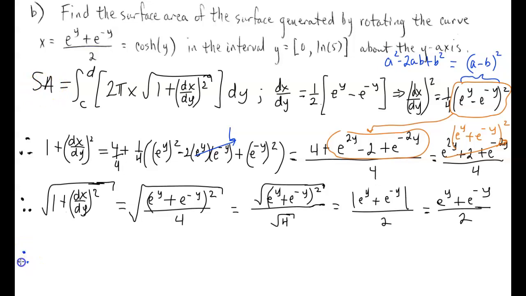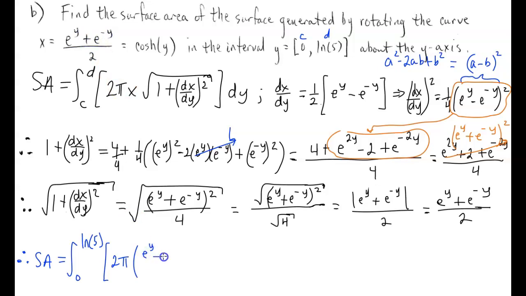So we'll go ahead and say therefore, and we'll switch colors now, and say that the integral from, of course, our c would be 0, our d would be natural log of 5, and this will be 2 pi times x, and of course x is just e raised to the y plus e raised to the minus y over 2.